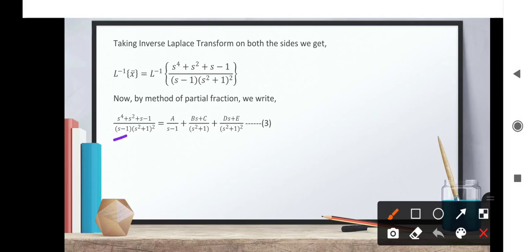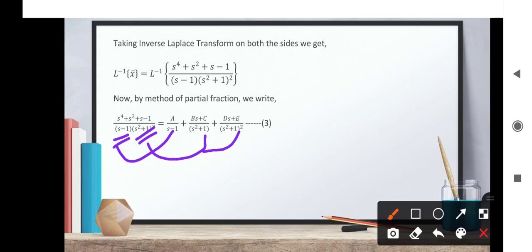Here only one factor is linear and not repeated, and the second is quadratic and repeated. For the non-repeated linear factor, this is the partial fraction. For the repeated factor, this is the first term and this is the second partial fraction.